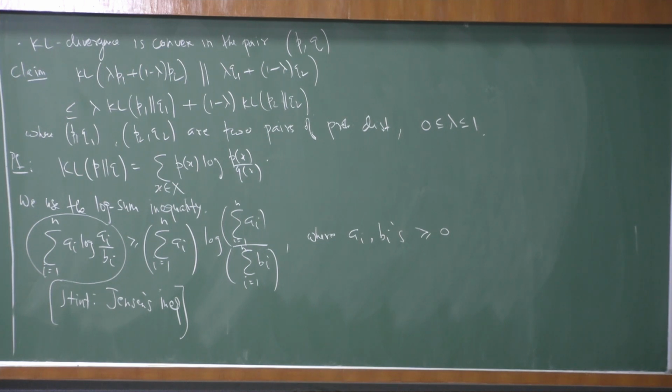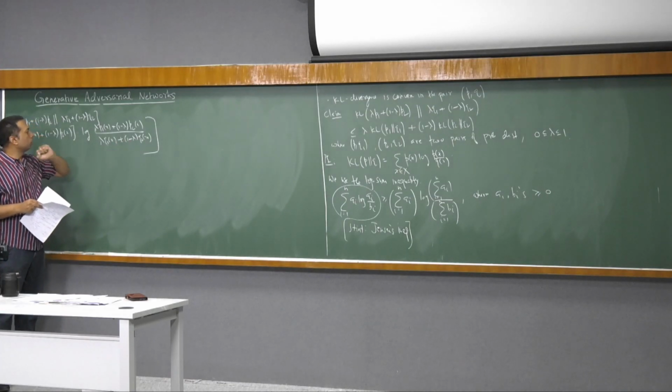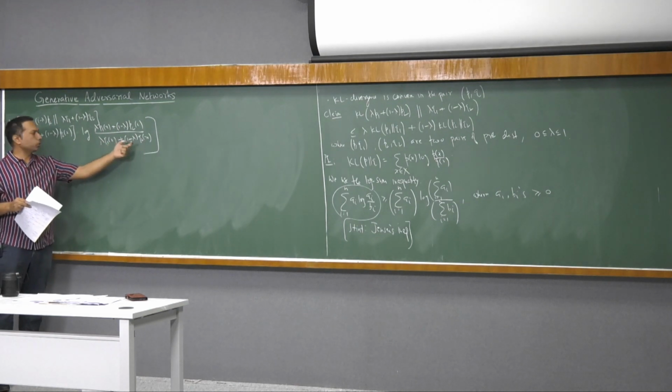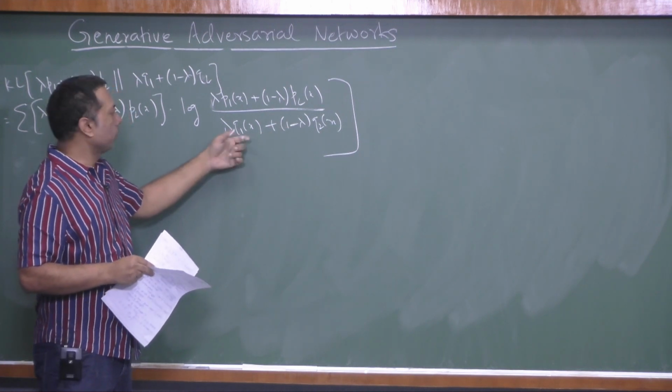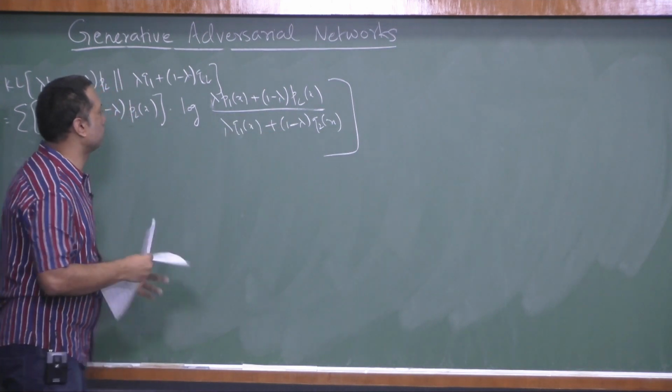Without using the inequality still, we will get an upper bound, and the way we will do this is that we will drop one of the denominator terms. Obviously these are positive, this being a PMF, this being a PMF, and lambda is positive, so dropping one of them will always increase.